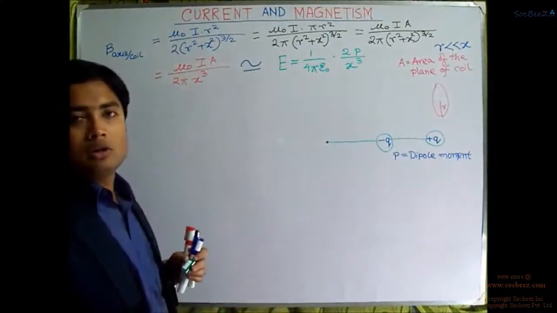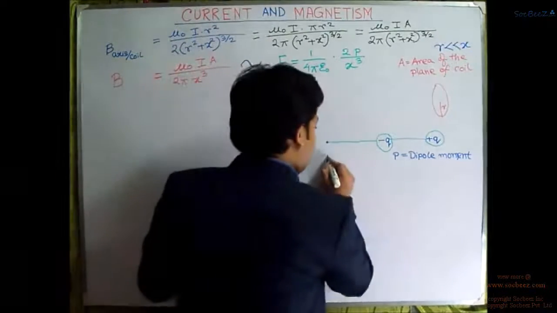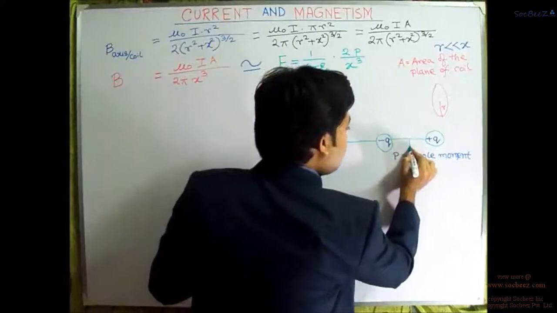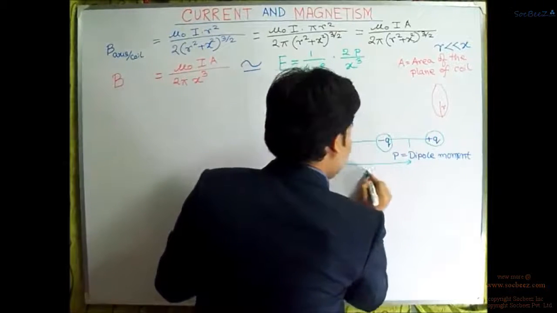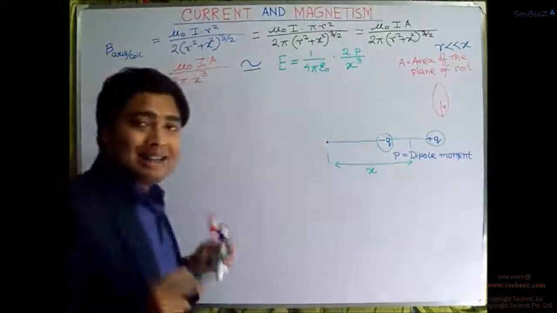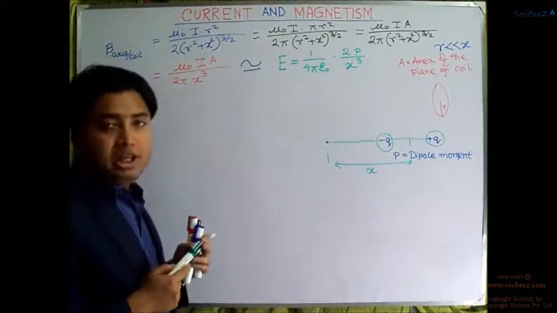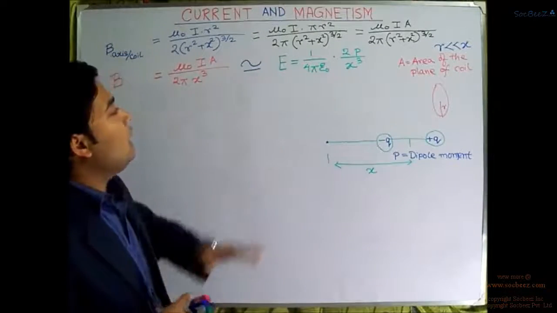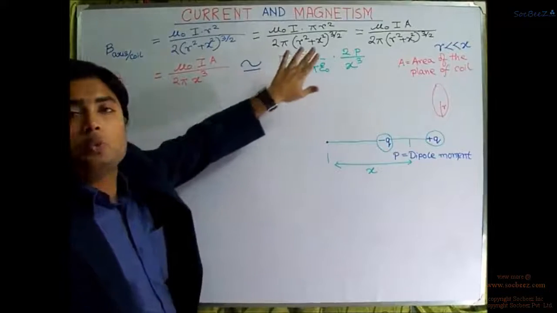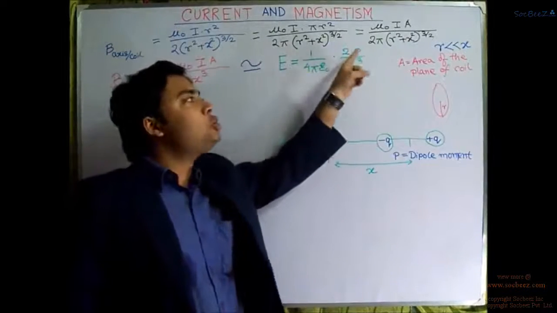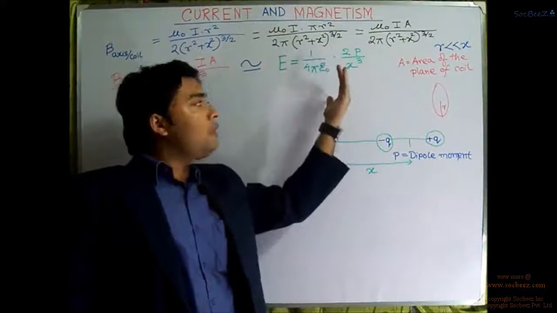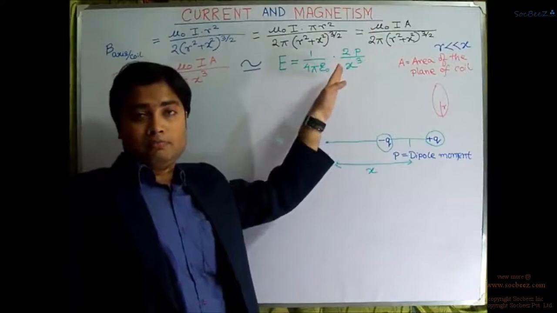The distance of this point from the dipole was x. At that time, we found that the electric field was equal to 1 divided by 4 pi epsilon naught multiplied by 2p divided by x cube.